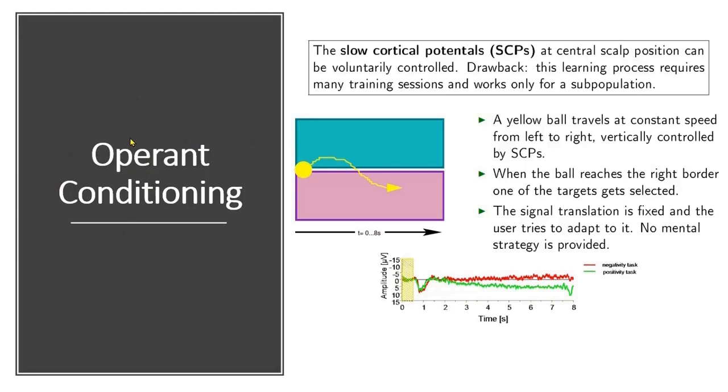Operant conditioning basically involves training the human to generate some specific patterns of the brain signal over some time. Those patterns are usually called slow cortical potentials. So they are slow waves coming from the brain or cortex. Potentials means the signals, and can be recorded at central scalp position.